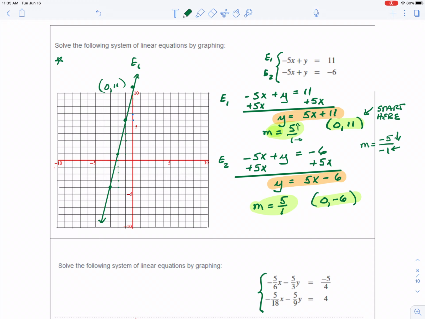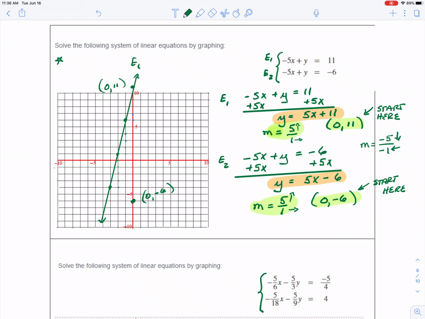All right, so when I go into equation number 2, remember I'm going to start. Notice that the y-intercept is at negative 6. So there is 0, negative 6. And this time I'll go up 5 and right 1 because I have room to do that on the grid.